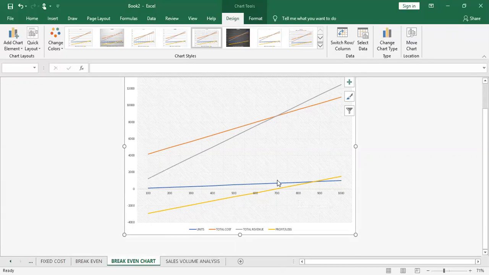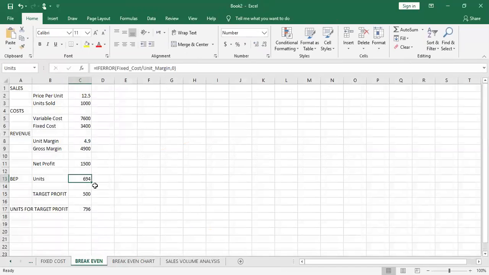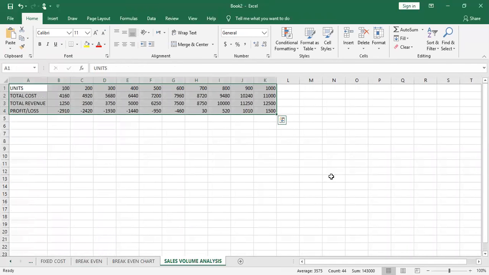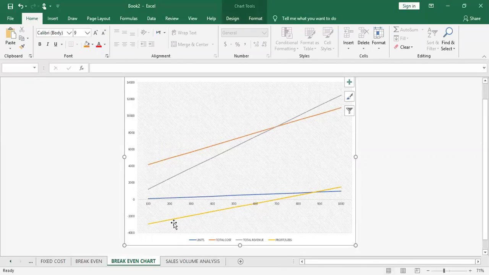The 700 is this line, this vertical line you see here on the graph sheet. But indeed, when you draw a line, it will not be on the same vertical line. It is very close to that, and that is what we had as the 694 on the analysis sheet, on the break-even sheet. So this is how we also get our break-even chart with this particular illustration.